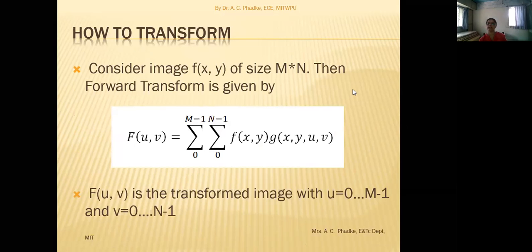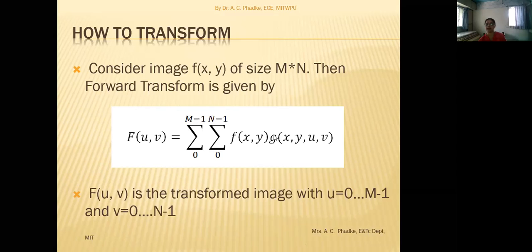Basically we can consider an image f(x,y) of size M by N. Then we can take forward transform of the image by using this equation. Here f(x,y) is your image and g(x,y,u,v) represents forward transformation kernel.